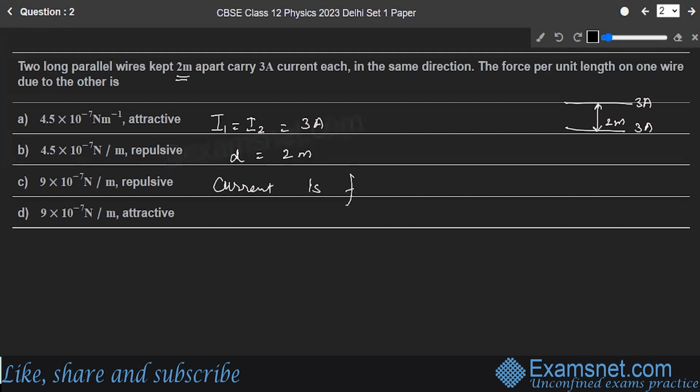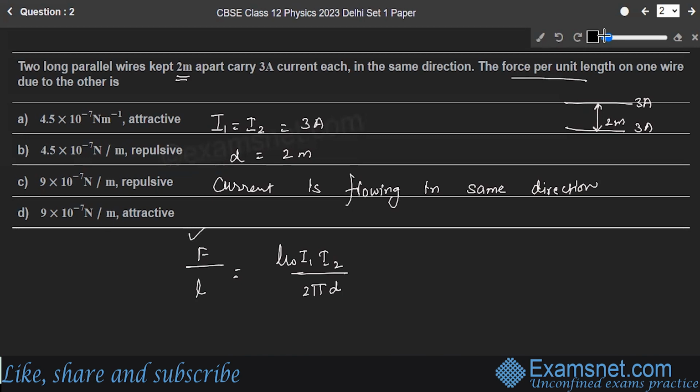Current is flowing in the same direction. So you have F upon L is equal to mu naught I1 I2 upon 2 pi D. Right? You have to find out the force per unit length.